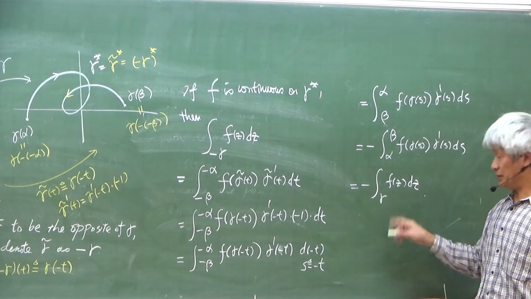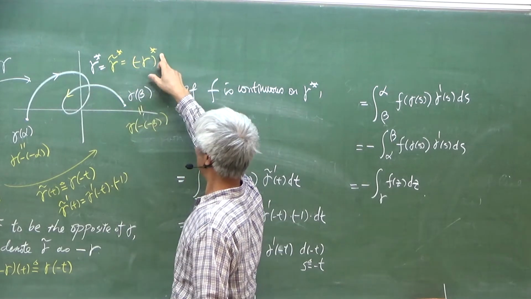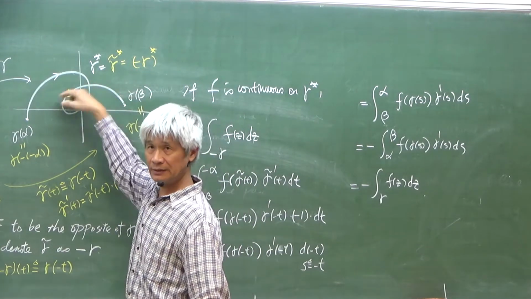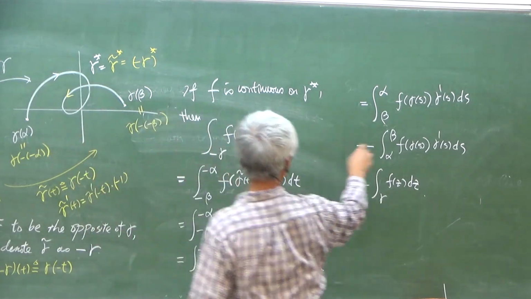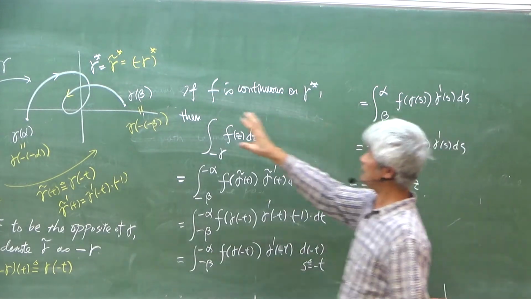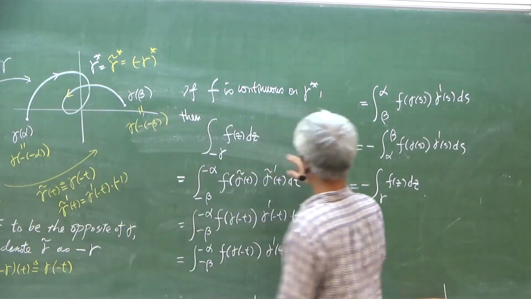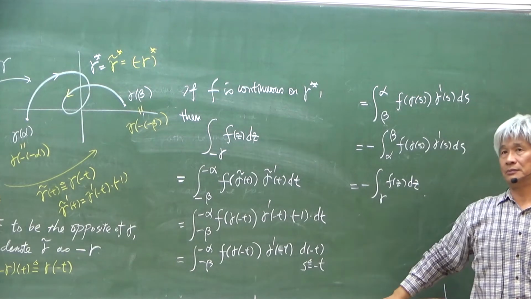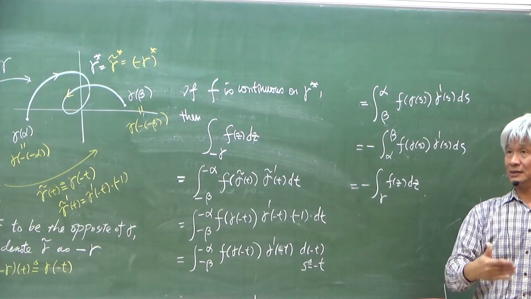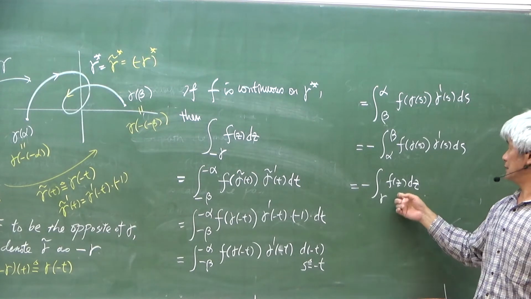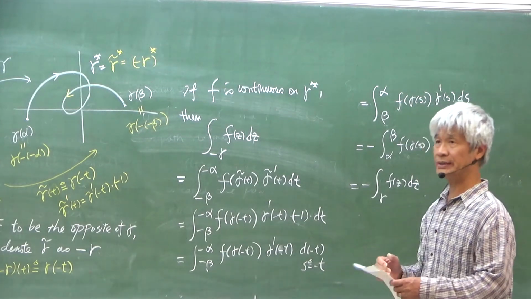Even though gamma star and minus gamma star have the same image, and the same f is defined on the same image, because of the different orientation, the line integral has a different sign. So the orientation matters because it affects the sign of the line integral. Any questions?